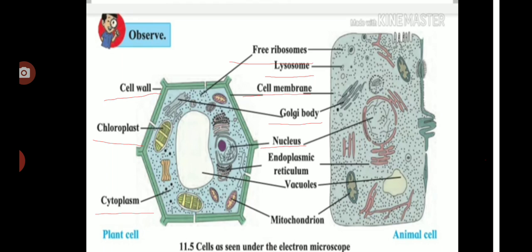Just recall it. Yes, that is the lysosome, present in the animal cell and absent in the plant cell. Vacuoles are present in both the animal cell and the plant cell. The Golgi complex is also present in both, and the mitochondria are also present in both the plant cell and the animal cell.